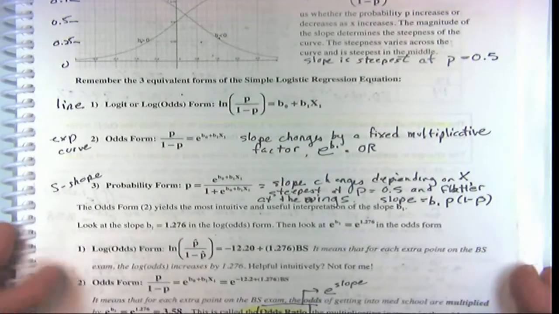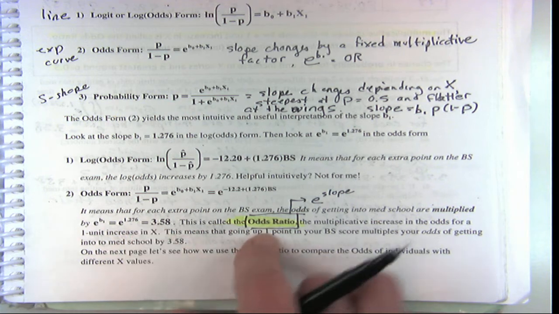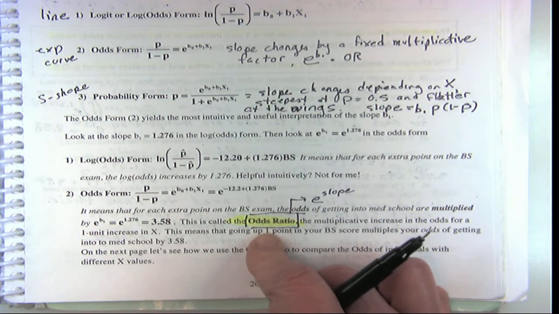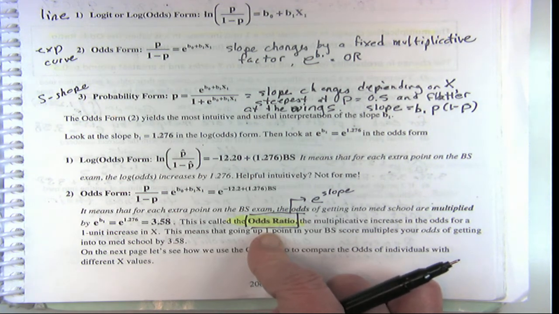That's what we did last time. And we said this odds ratio of 3.58 is the multiplicative increase in the odds of getting into med school for each additional biological science point.